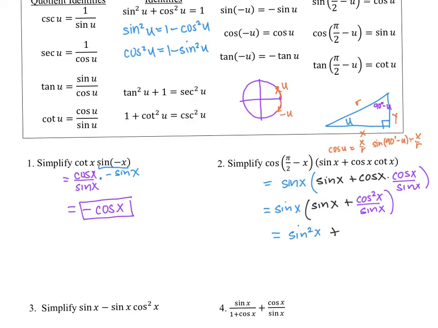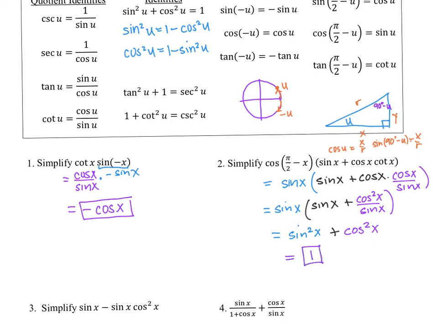And if I do sine x times cosine squared x over sine x, the sine x and the sine x cancel. So I'm left with cosine squared x. Then sine squared x plus cosine squared x is a Pythagorean identity, so this simplifies all the way down to just 1.